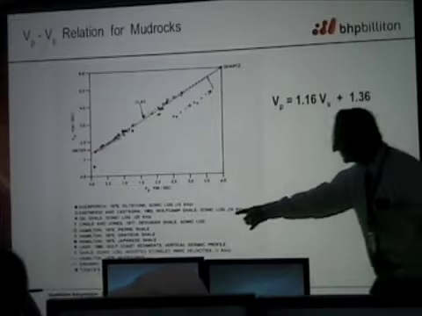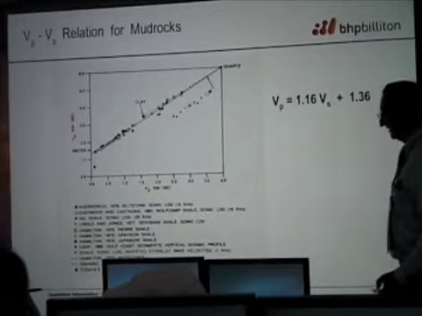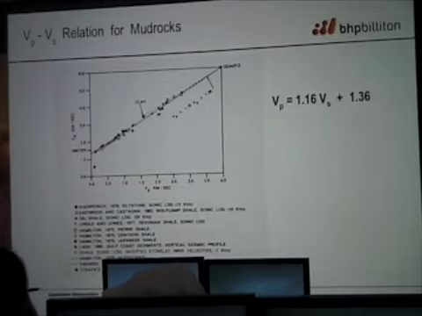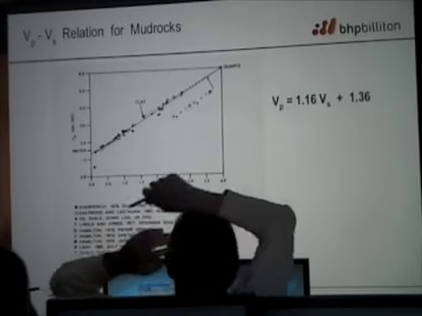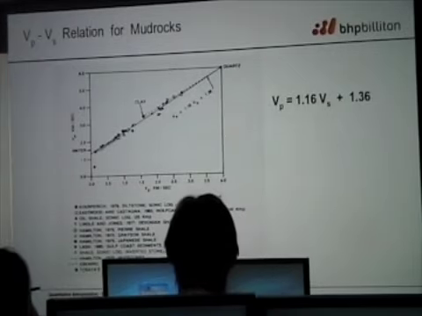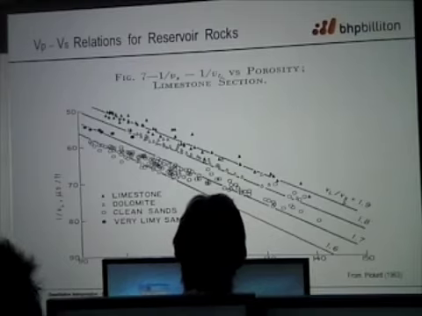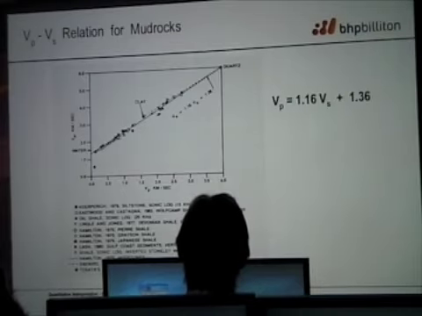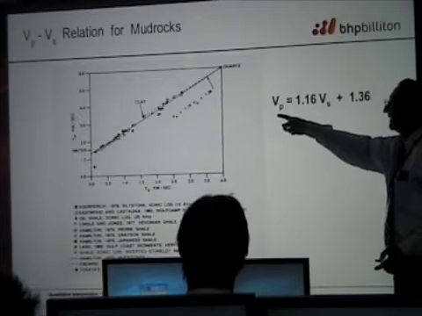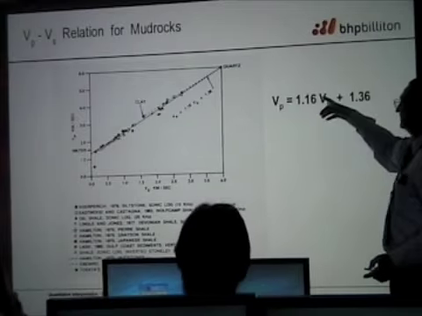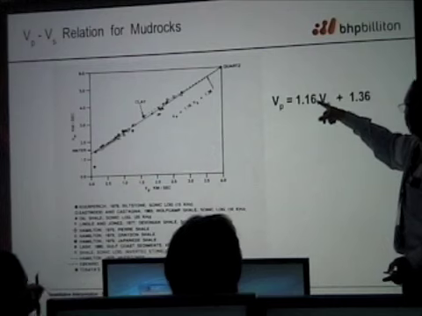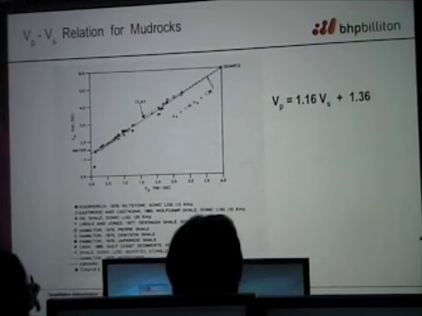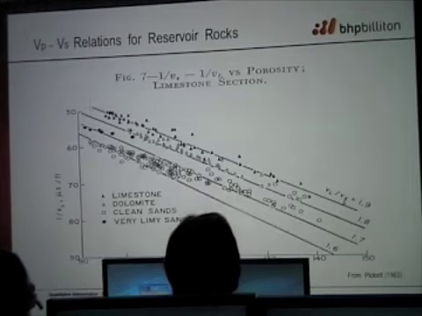And you see some of the measurements, including things that are quite indurated rocks all the way to fairly soft rocks. If you have a VP, you can make an estimate of the VS for such rocks. That's important sometimes in the data.